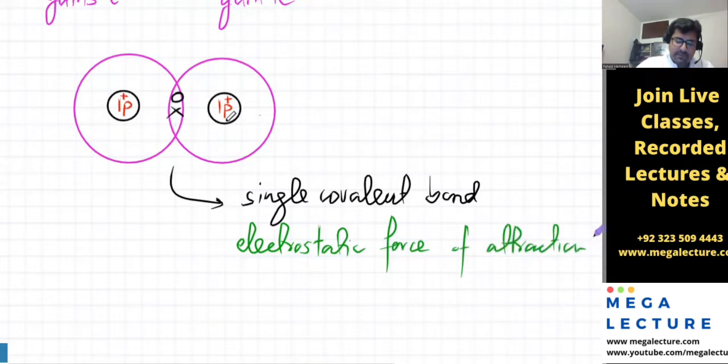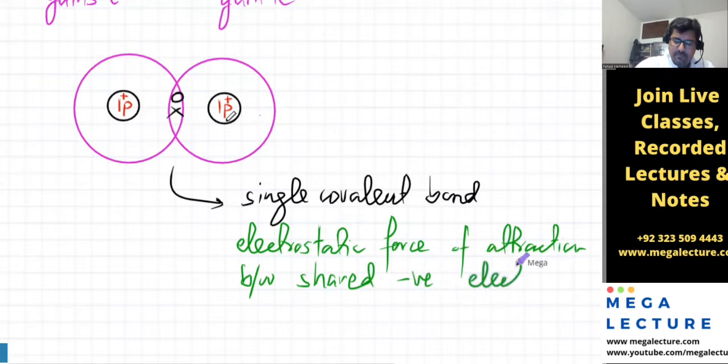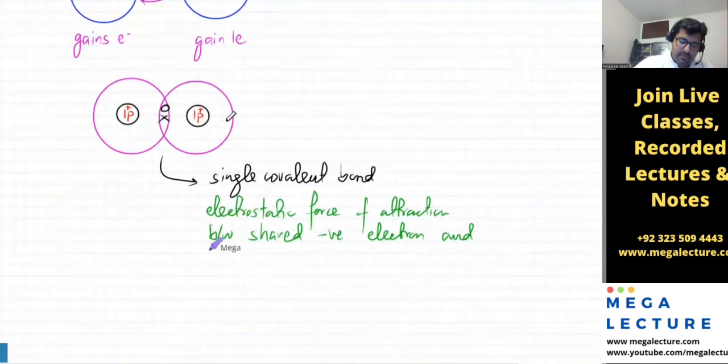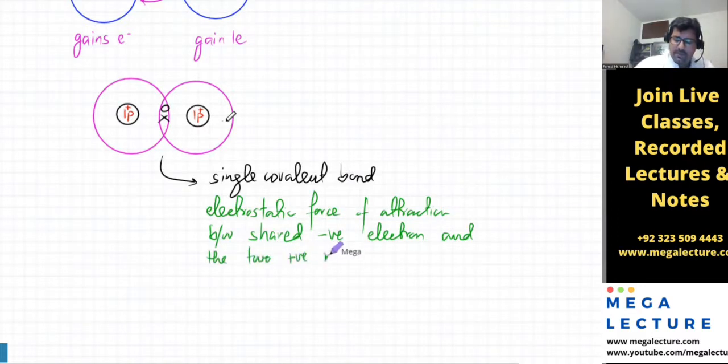It's an electrostatic force of attraction between the shared negative electrons and the two positive nuclei, that's the plural. So this nucleus is getting attracted to the shared electrons, and this positive nucleus is also getting attracted to the two electrons. Okay? So that's what a single covalent bond is. Is that clear?